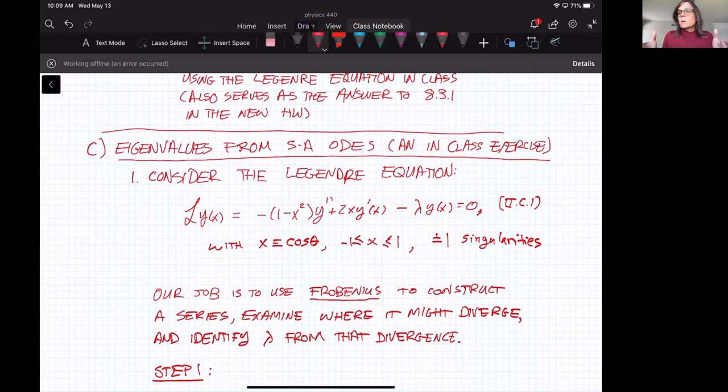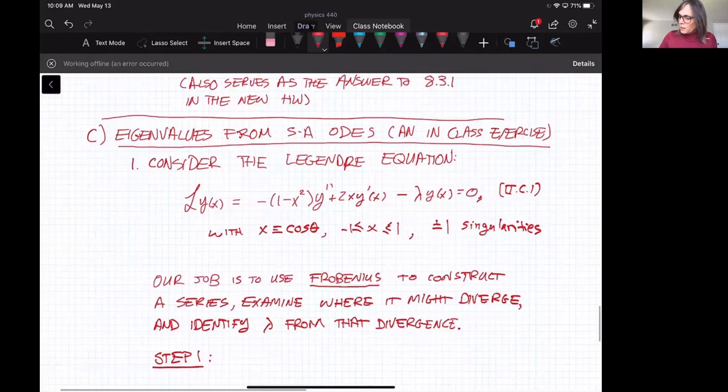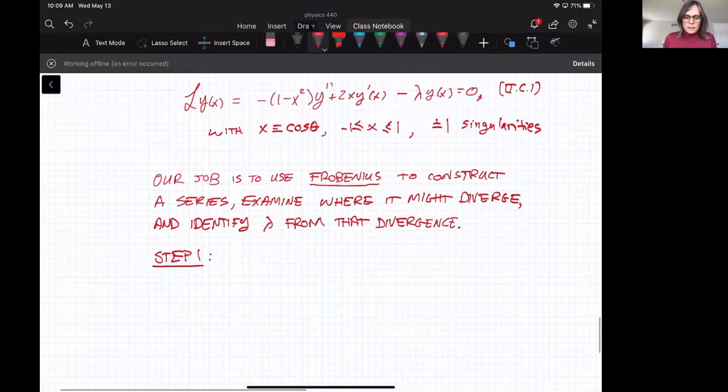It diverges because this is an infinite series. If we can somehow terminate the series, right, then we can make this series convergent over the region. And that's where the eigenvalue comes from. So that's our job.